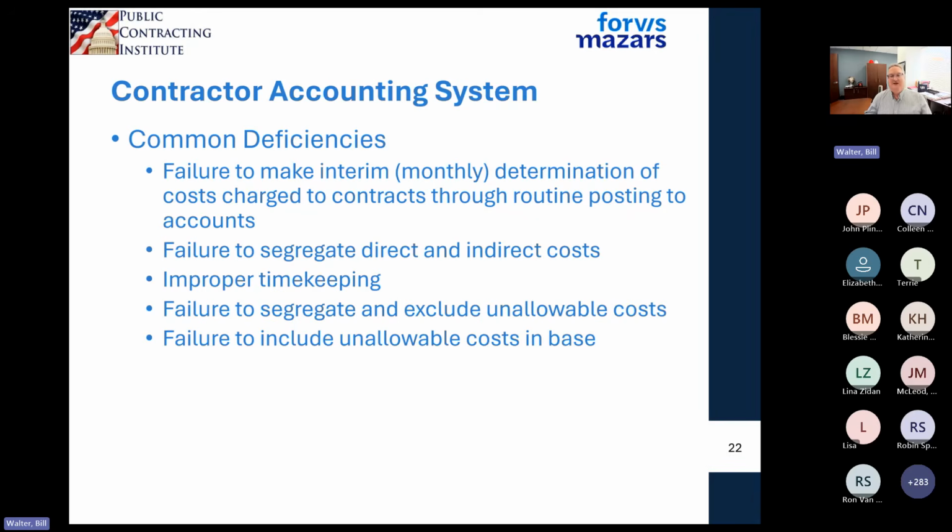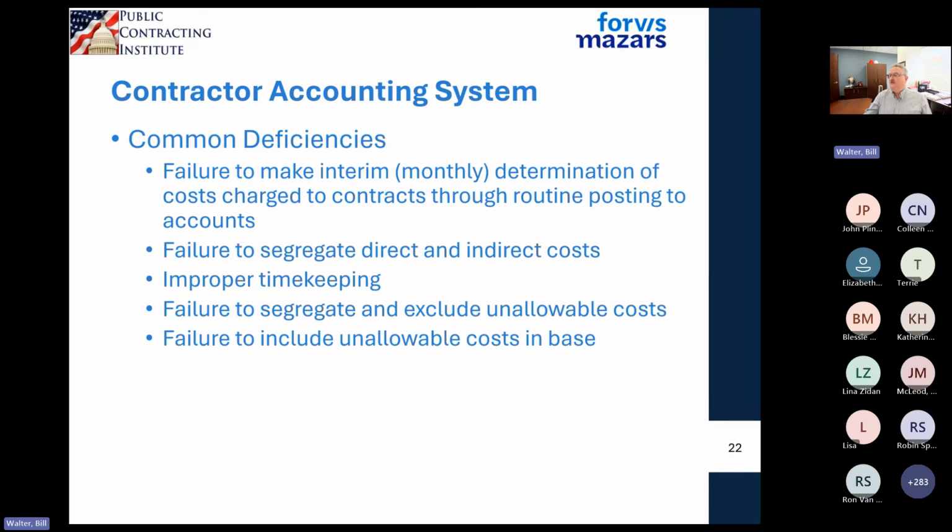No, that's not what it says. What it says is an unallowable cost should be included in the base if it would have been there had it not been an unallowable cost. So if I have travel that's over, or labor that's over the funding on a contract, I have to charge it to the contract, even if I don't get reimbursed for it, because it's not allocable anywhere else.